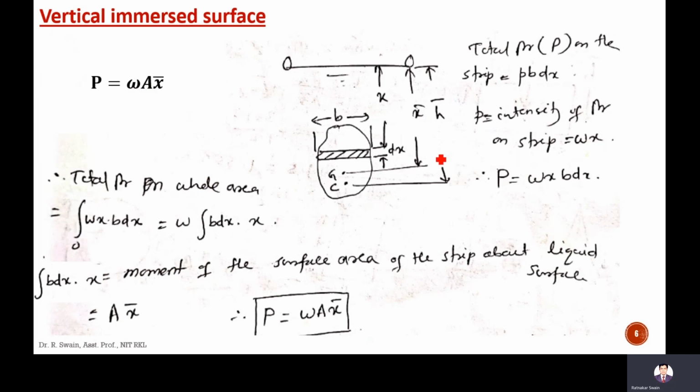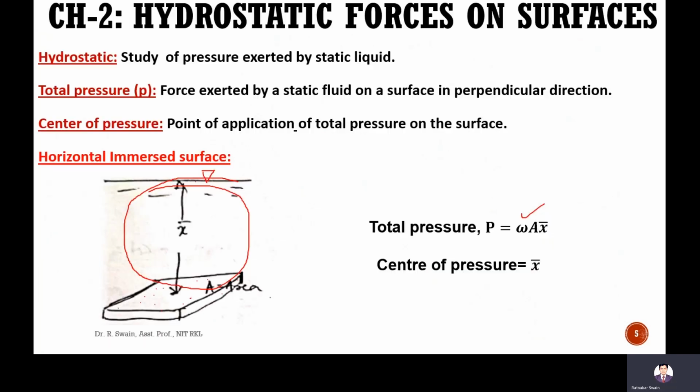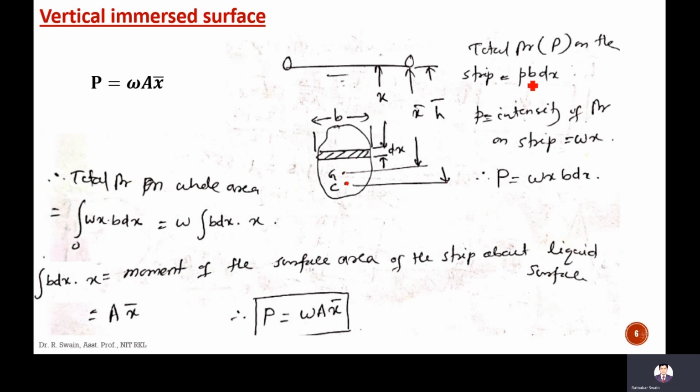Next is the vertical immersed surface. Here is one vertical immersed surface, and this is the CG. Here the point of application of the total pressure is the center of pressure. Consider a small strip of width dx and breadth b, so the area of the small strip is b into dx.